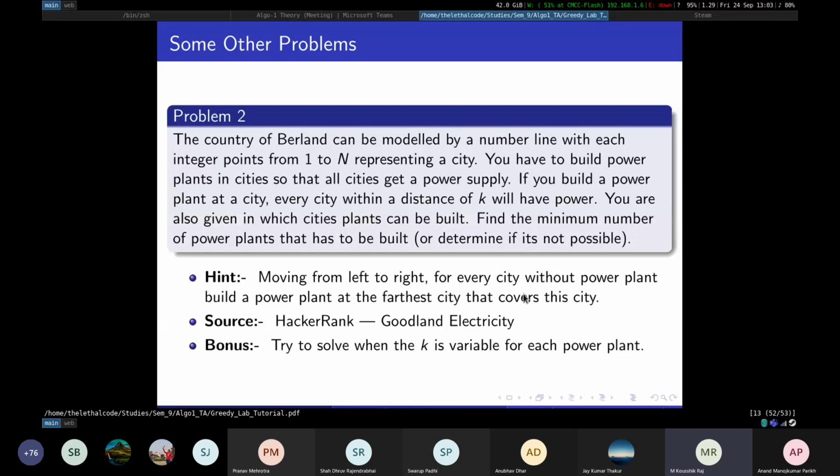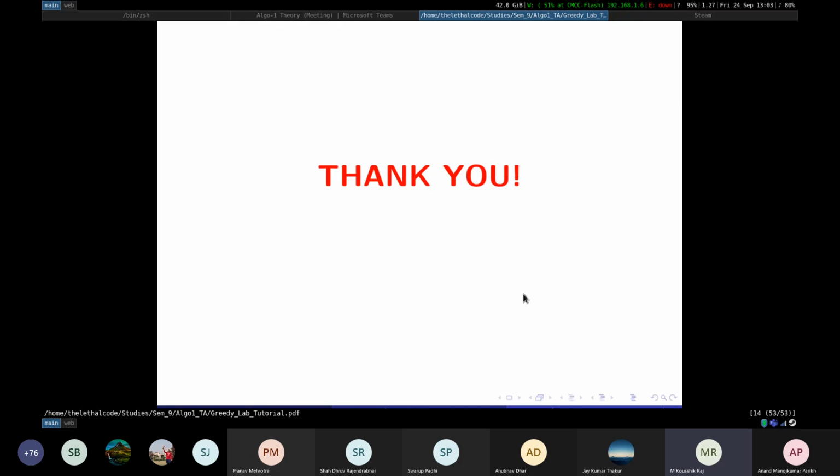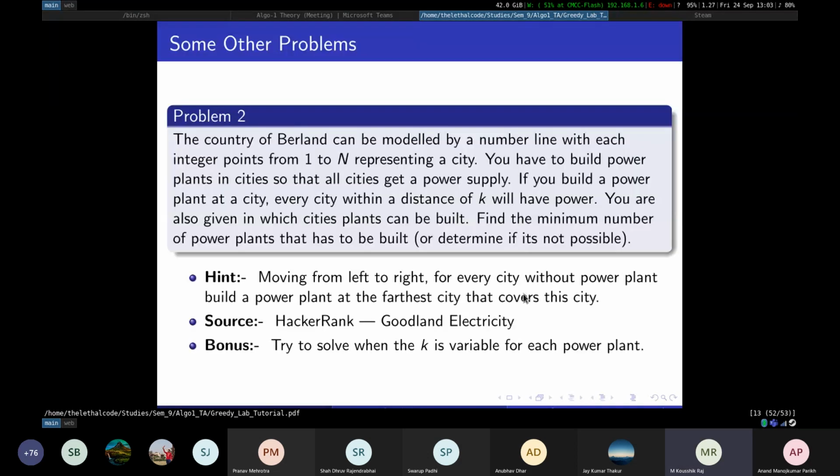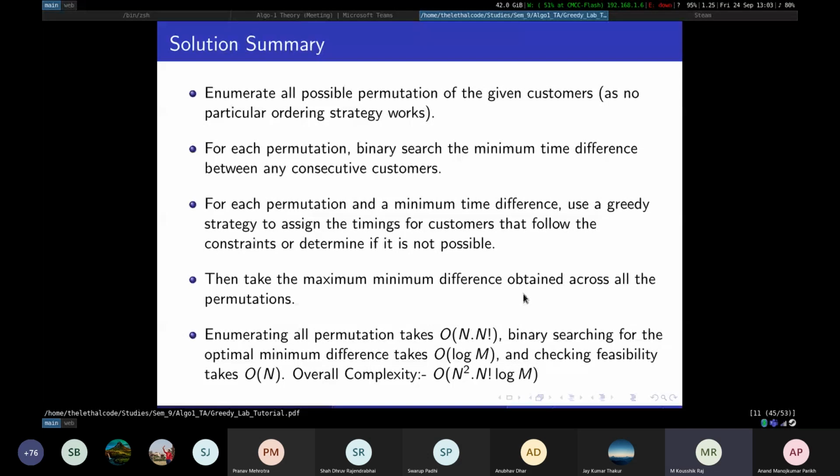But if you still have a problem, you can ask me. If you have any problems till now, you can ask in the previous problem, or in the way you iterate the next permutation. If you're done, you can leave. I will share the presentation by today evening.